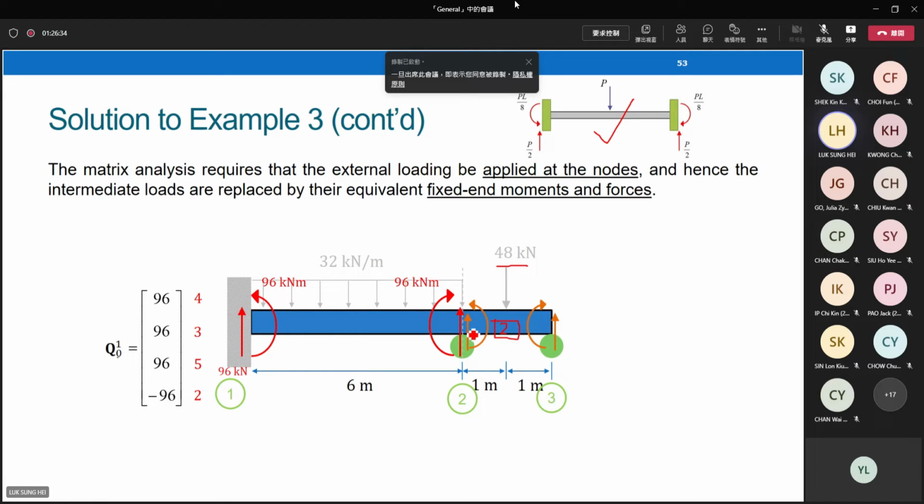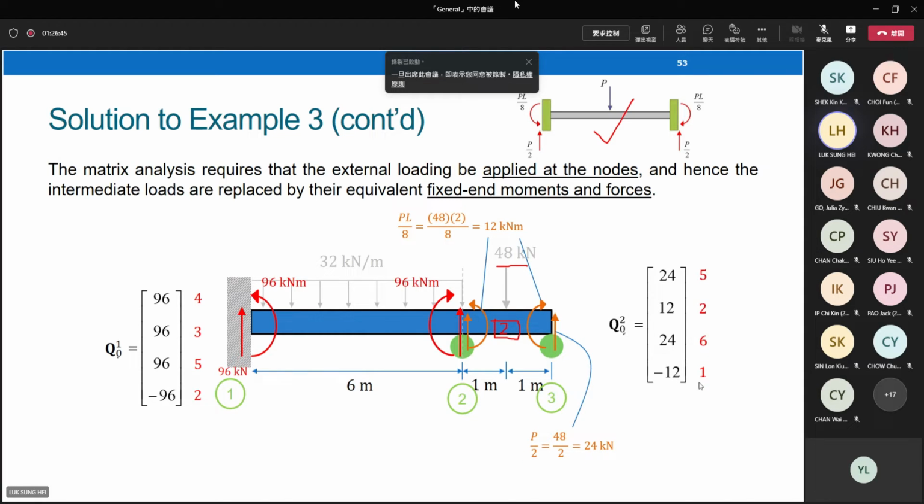We have also fixed end force and fixed end moment. Here is the force, and here is the moment. Then convert this to our fixed end force vector. Again, we start from Ny, Nz, and then Fy, Fz. Start from shear: the shear is 24, and then moment, 12.